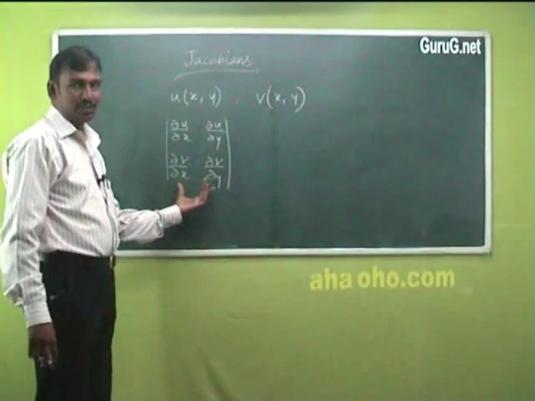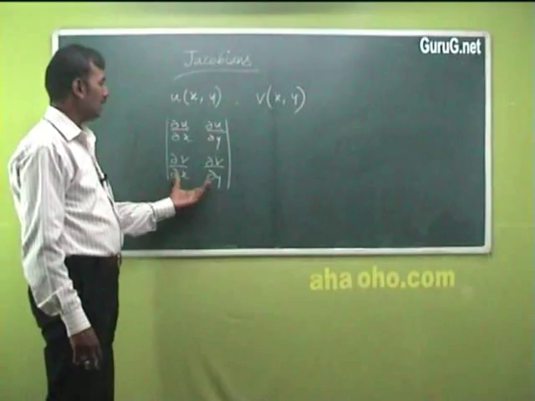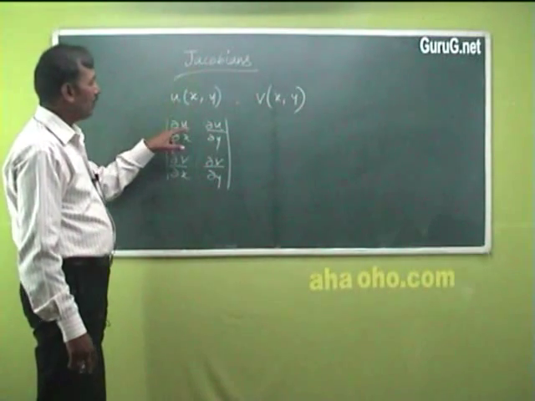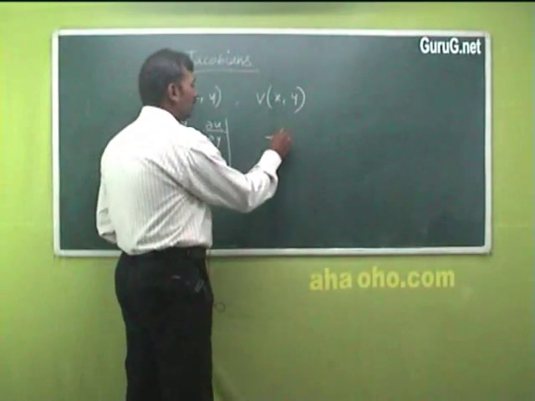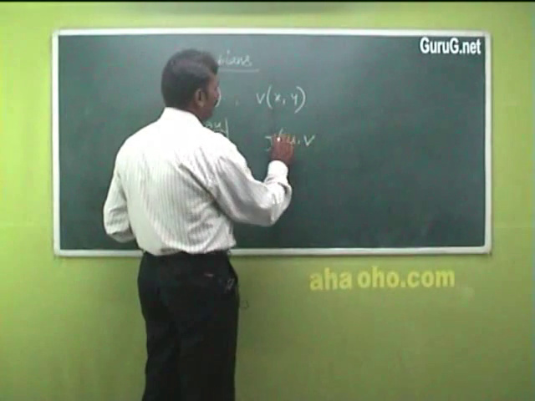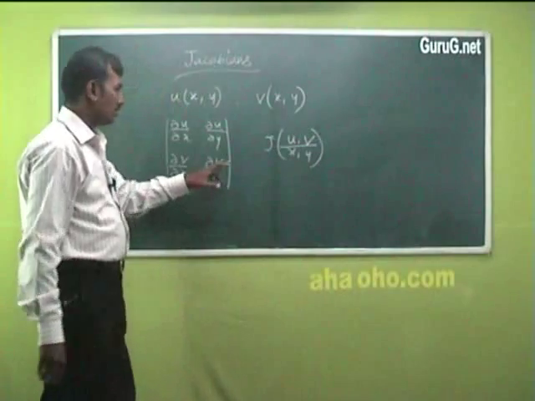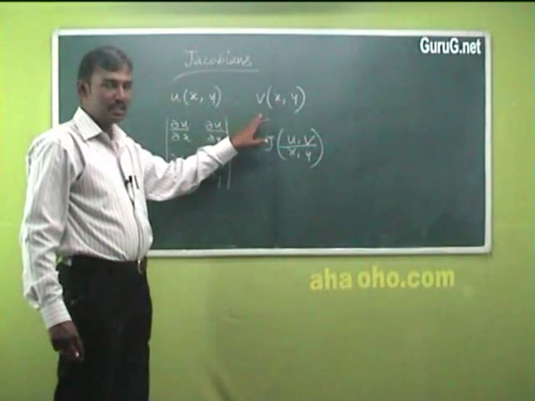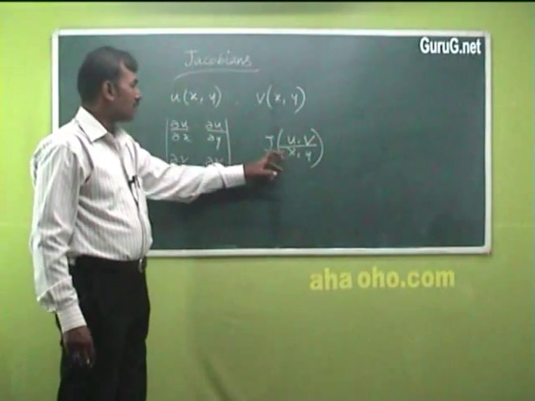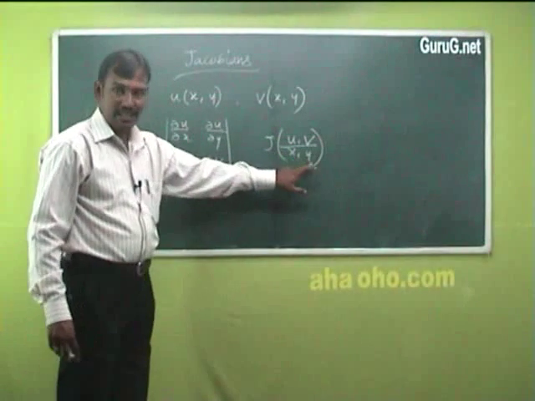It is denoted by the symbol like this: Jacobian of u and v with respect to x and y. That is, the Jacobian of these two functions u and v with respect to the two independent variables x and y.